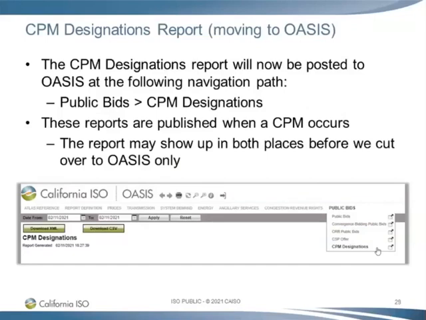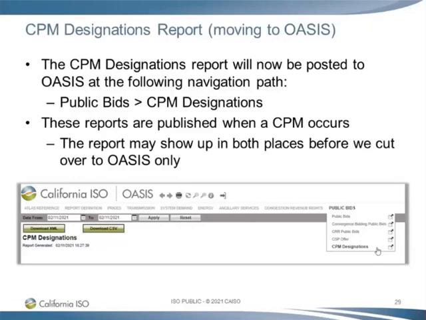Now, these reports are published when a CPM occurs. And you'll see there on the slide, it says the report might show up in both places before we cut over fully to Oasis. On our end, we have some validation that must occur before we fully transition from today's report format on CAISO.com to the Oasis application.